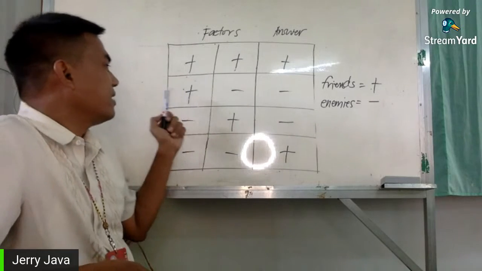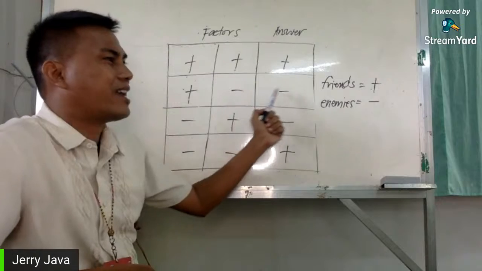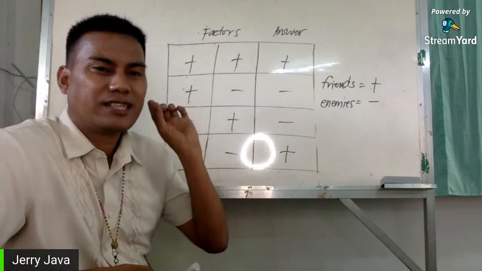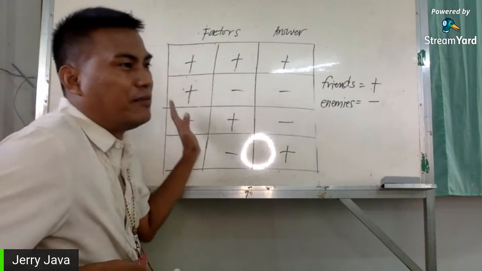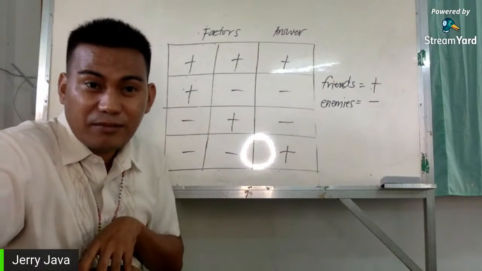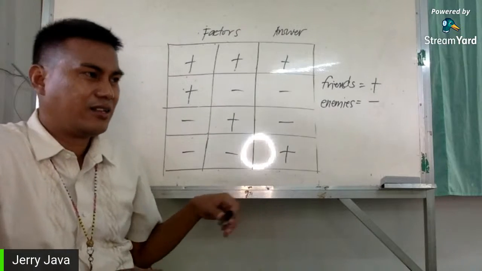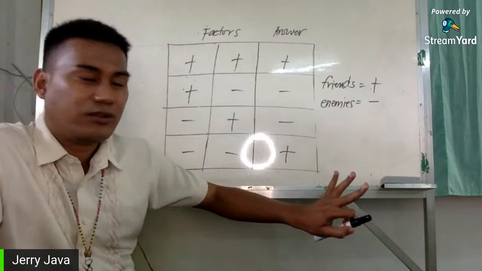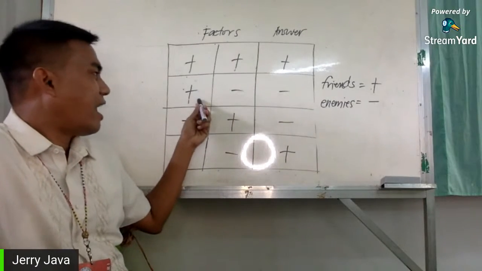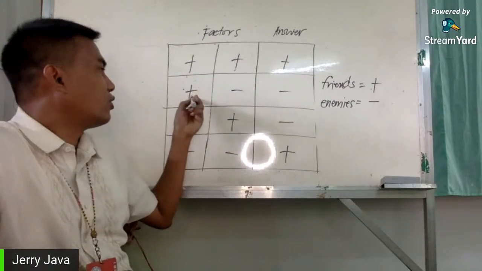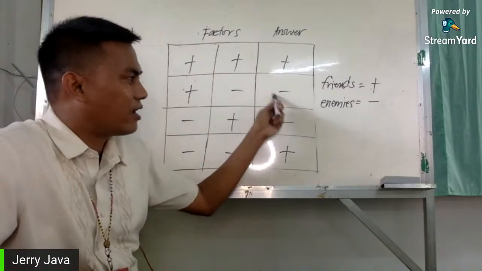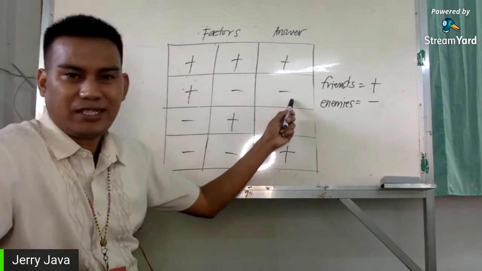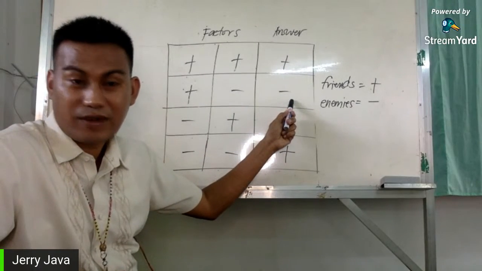The friend of my enemy is also my enemy. They become the villains, they team up. So that's why it's negative. The enemy of my friend, the friend of my enemy, is also my enemy. My friends' enemies are my enemies. Correct. Agree?